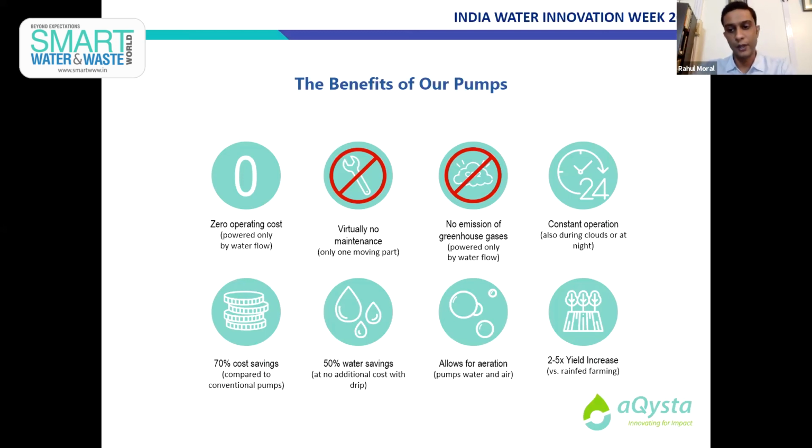As we have seen from our case studies, once one of our pumps replaces the conventional pumps, the farmer can make up to 70% cost savings. Water savings, because we advise the farmers to use smart farming irrigation techniques like sprinkler systems and drip systems, so that adds to water savings as well.